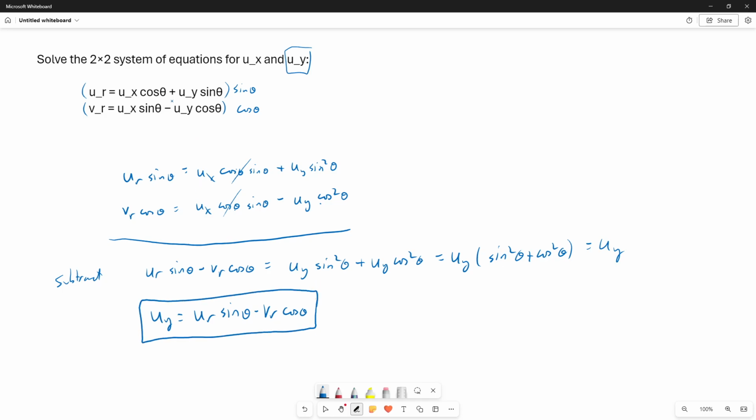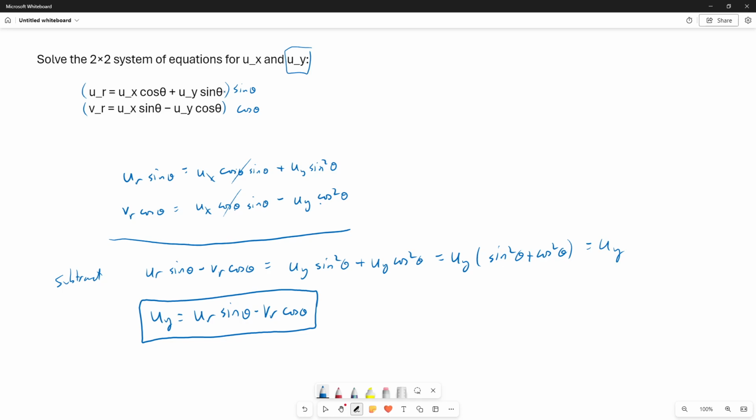We could repeat this procedure, canceling the u sub y's, by multiplying the top equation by cosine theta and the bottom equation by sine theta to make the u sub y terms exactly match, and then get u sub x. But instead of doing that elimination, let's find the other term, u sub x here, by just doing substitution.